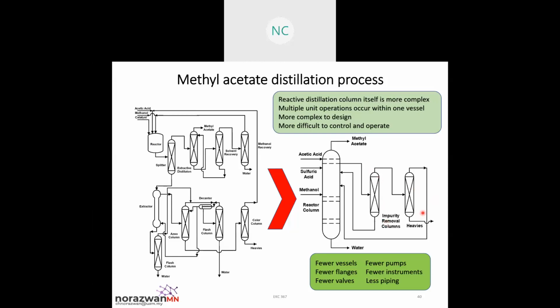So maybe some say that we can go back to a simpler column. Which one do you want to use, the first design or the second design? Anyone? If you are the designer of this methyl acetate plant, which type of plant operation would you choose, the first one or the second one?